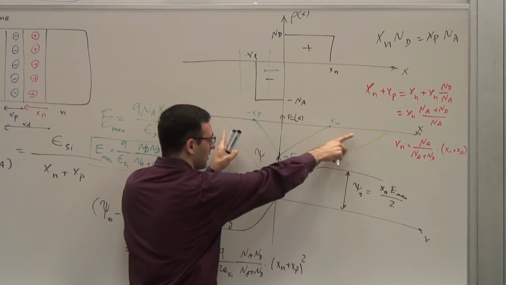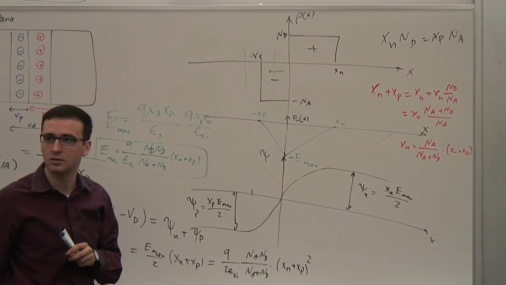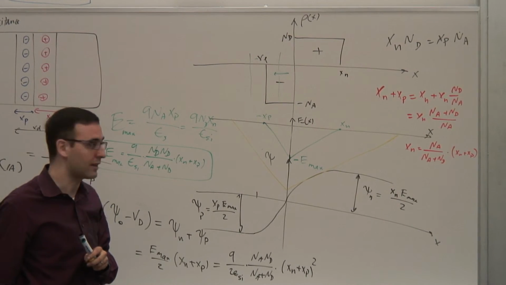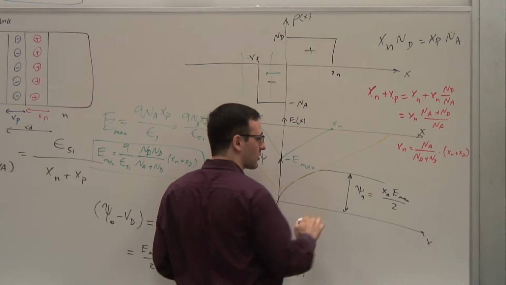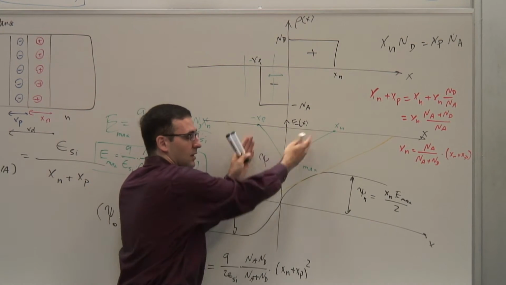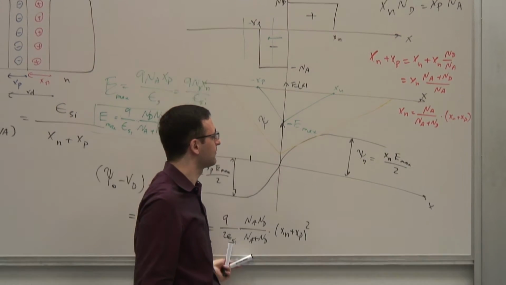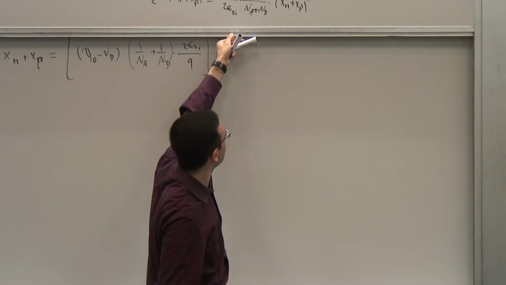If I double the width of the depletion region, I have quadrupled the area of the triangle. In other words, I've quadrupled the potential drop. So for a doubling of potential drop, I have to only increase the width of the depletion by square root of 2. Okay, so that's one thing I can learn.